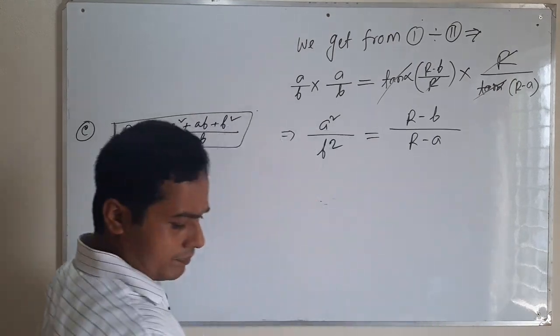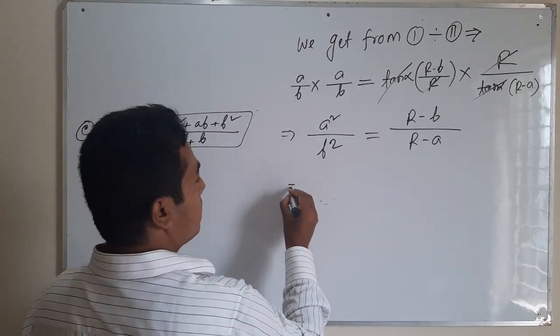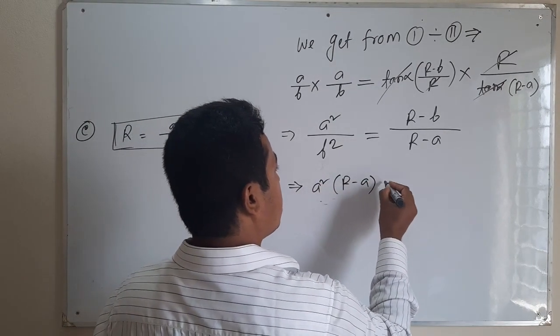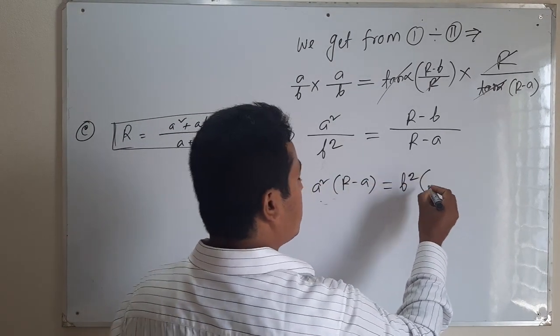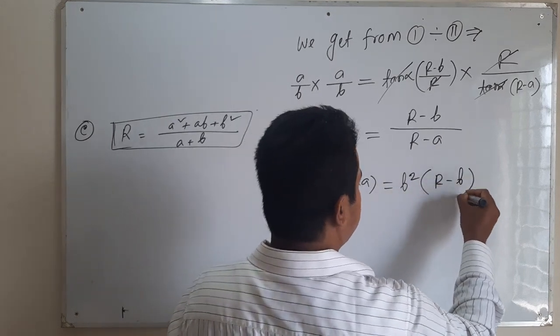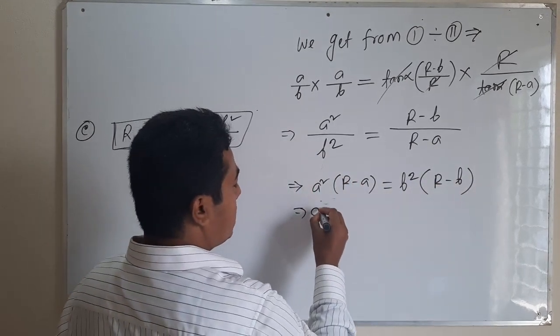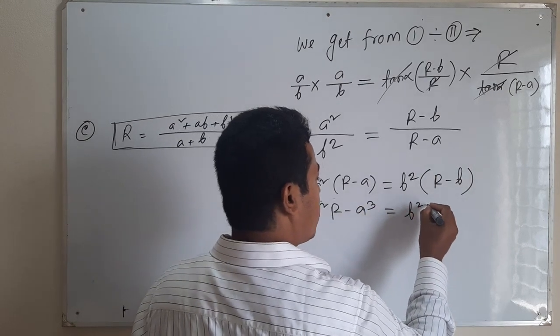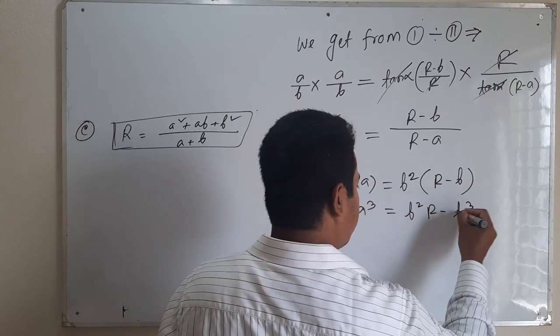Now a square into R minus a, b square into R minus b, then a square R minus a cube is equal to b square R minus b cube.